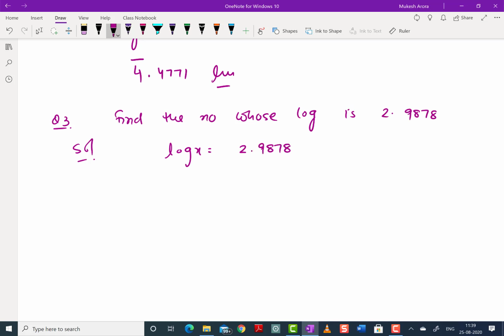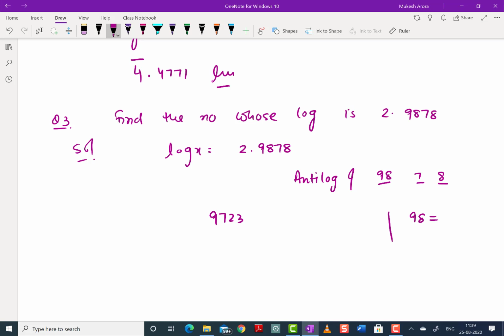So here 2 is our characteristic and 9878 is our mantissa. We will see the antilog of 98 and then the 7 column and then the 8th column. After looking this, it will come 9723.